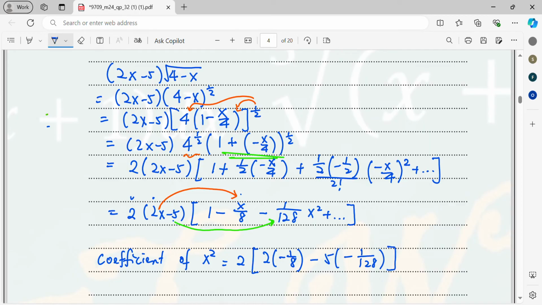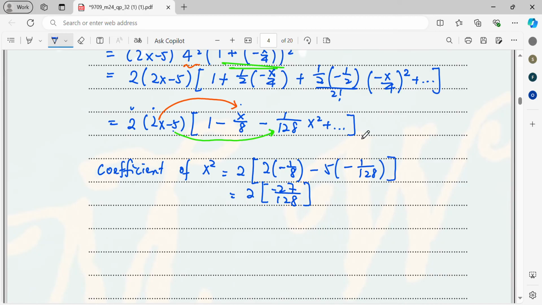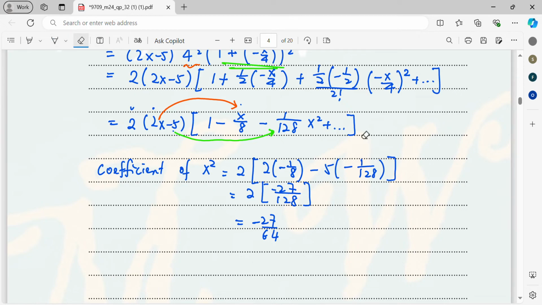These are the coefficients of x squared. So you will get 2 times negative 27 over 128. Okay, so at last, this is going to be negative 27 over 64. So this is the coefficient of x squared in this expansion.